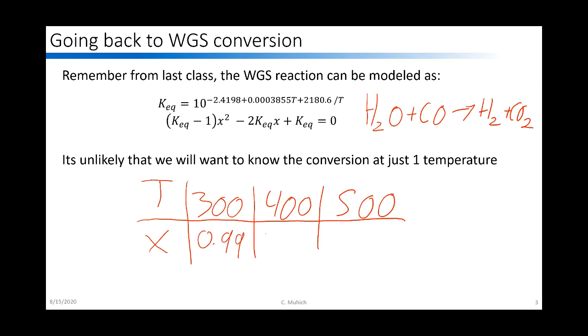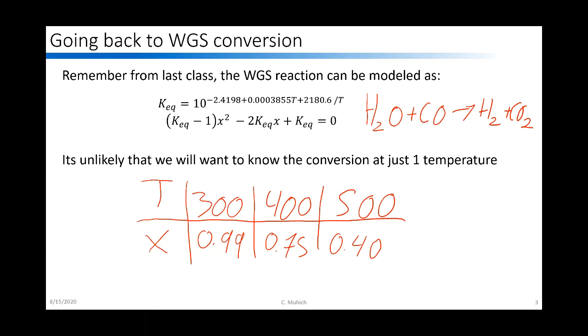Maybe at 400 degrees we go down to 0.75, and by 500 degrees, probably somewhere around 0.4. So we could build these tables and write all this on a piece of paper. However, that's not very efficient, right? Because then we just have all this information on a piece of paper. I want to be able to store all these pieces of information in the computer, and have the computer do that for us as we go.